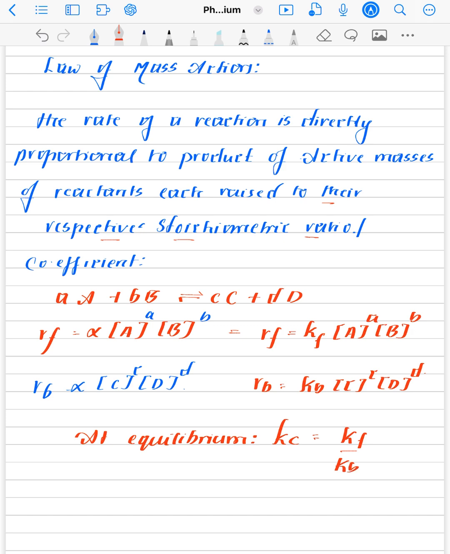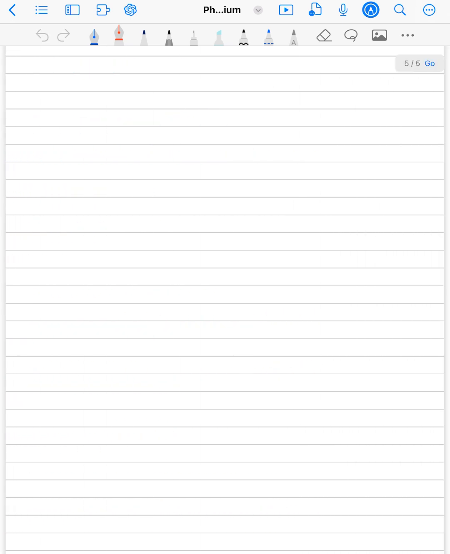And also we know that at equilibrium the rate of forward reaction becomes equal to the rate of backward reaction. So these are the two important notes we should know. So as we proceed forward, Kc is equal to Kf divided by Kb, right?